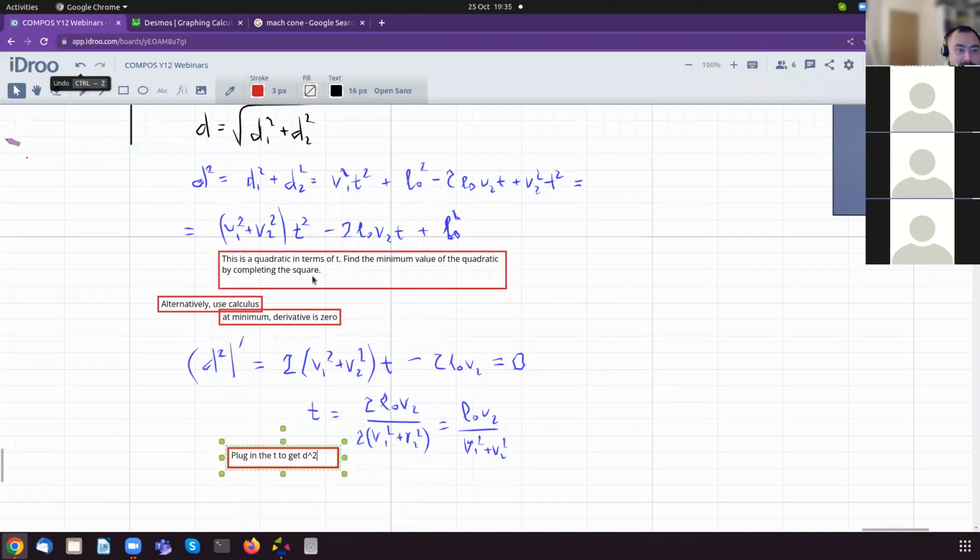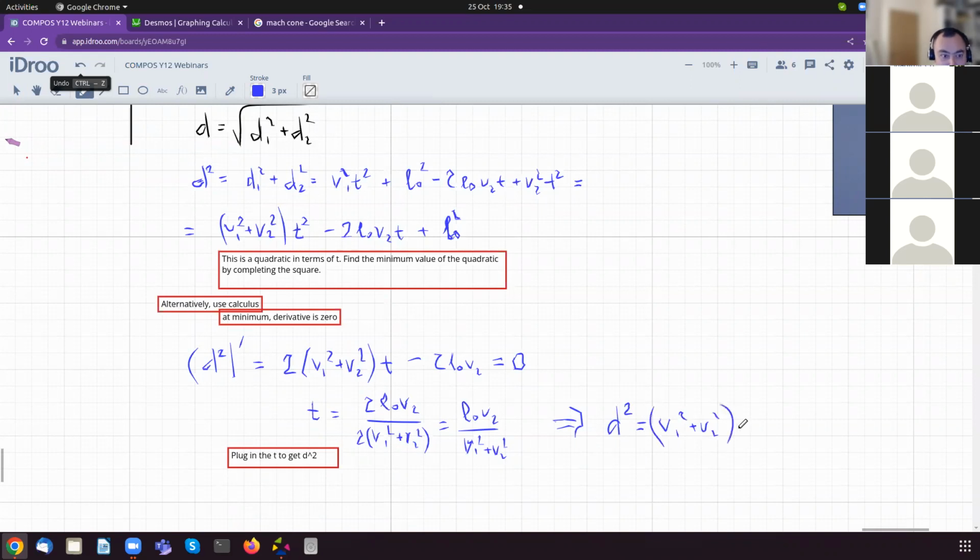It's not the easiest one, but D squared is going to be V1 squared plus V2 squared multiplied by t squared, which is L0 V2 divided by V1 squared plus V2 squared, minus 2 L0 V2 t, which is L0 V2 divided by V1 squared plus V2 squared, plus L0 squared.